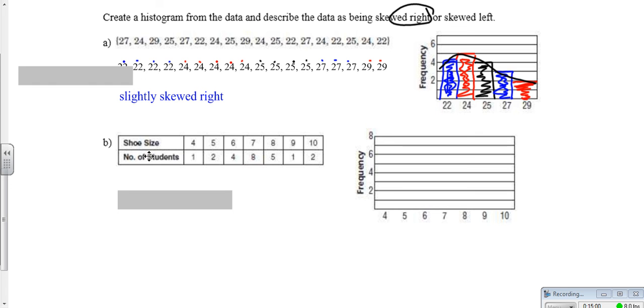Again, distribution, but here they give us how many times it shows up. So 4 shows up once, and 5 shows up twice, and 6 shows up 4 times.